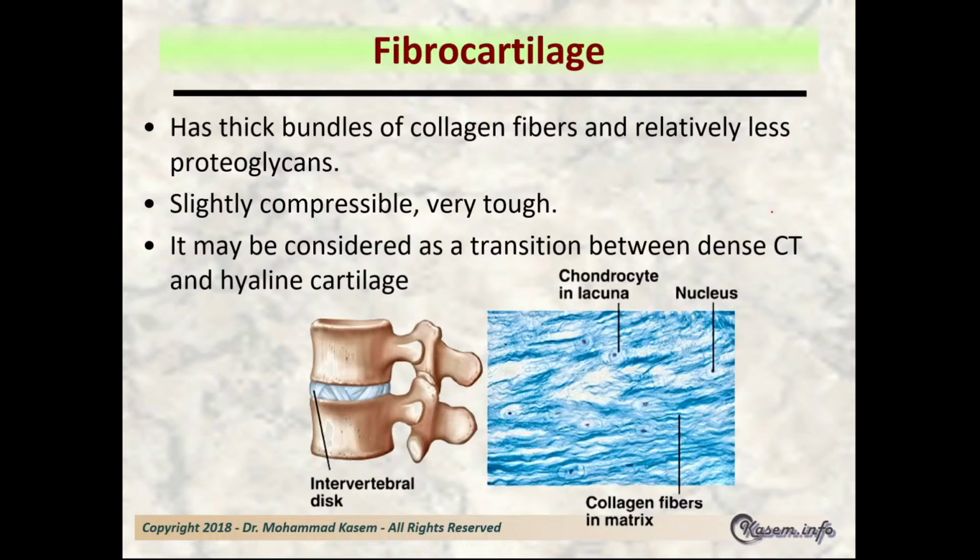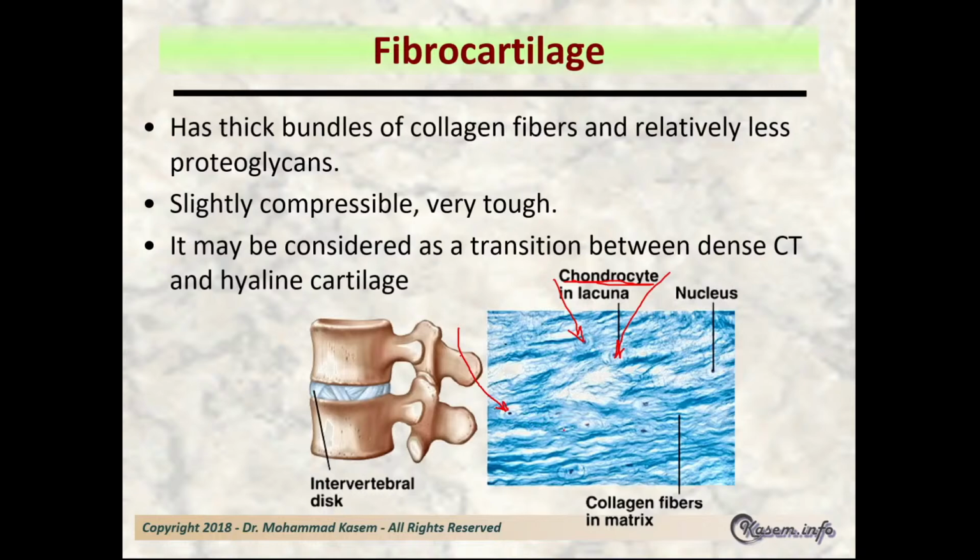And this one actually, it looks like a dense connective tissue, but enclosing few chondrocytes. The chondrocytes, the cells of cartilage here, appear smaller in size like this and fewer in amount. The amount of cells are fewer and maybe arranged in rows.